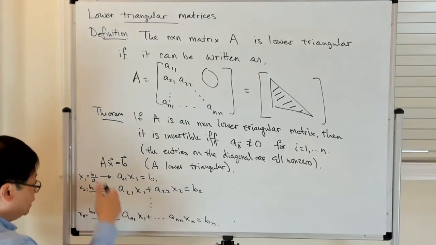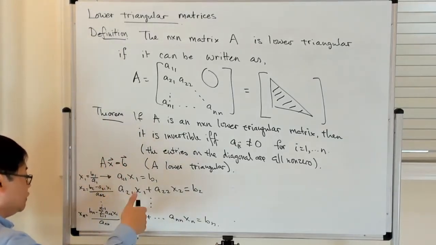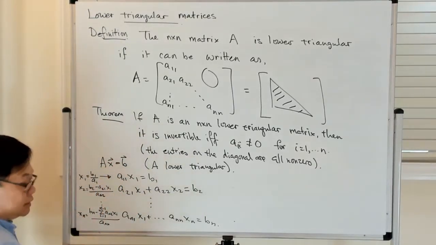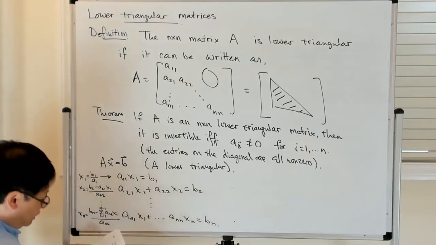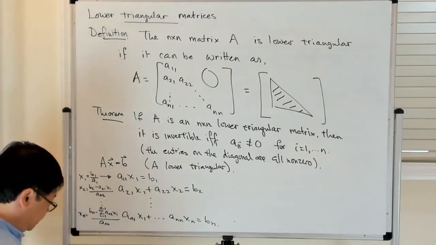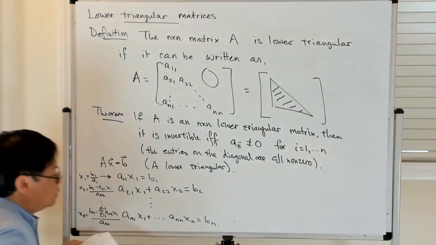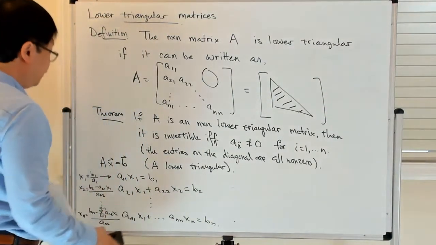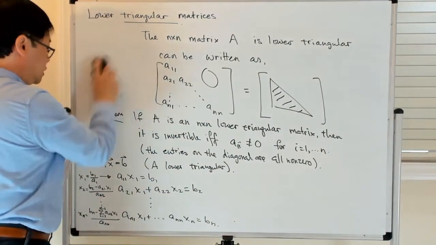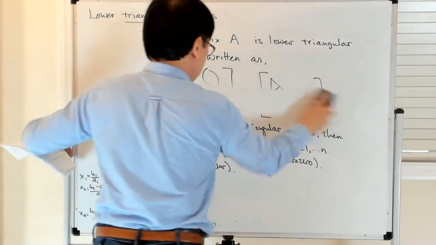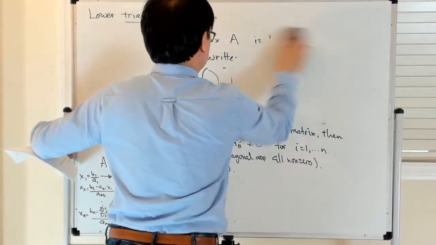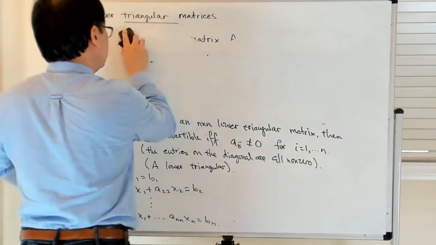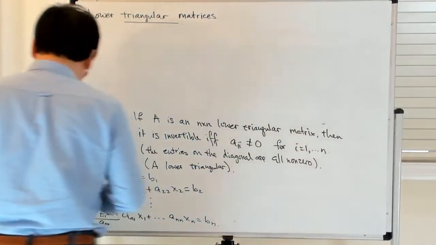So eventually, by solving for each of the unknowns in sequence, you can very easily solve the system of linear equations. Right, so let me write down the algorithm for this. As I said, this approach is called forward substitution.